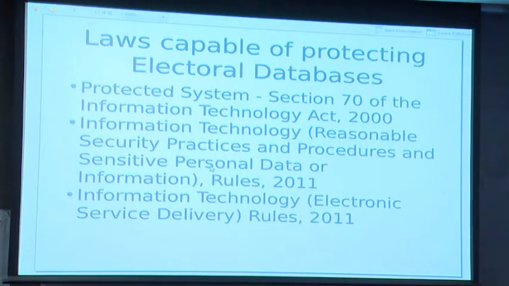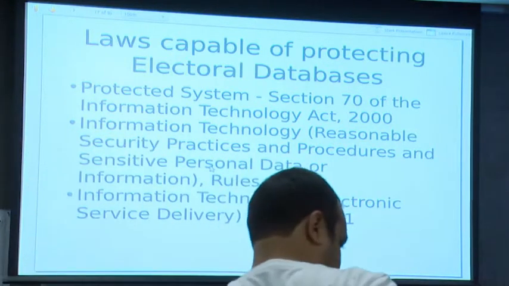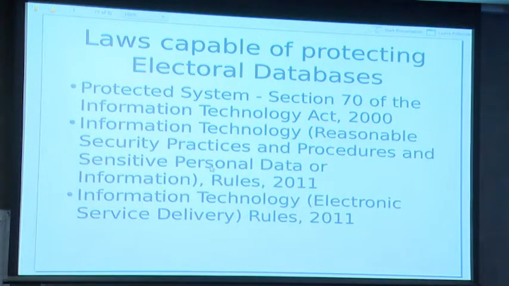But if you look at what ECI does for the digitization process, it hires companies. One of the companies is CMC Limited, which is a Tata subsidiary based out of Calcutta, and I haven't seen a single privacy policy on its website. And for that matter, I'm not sure who is handling the data.